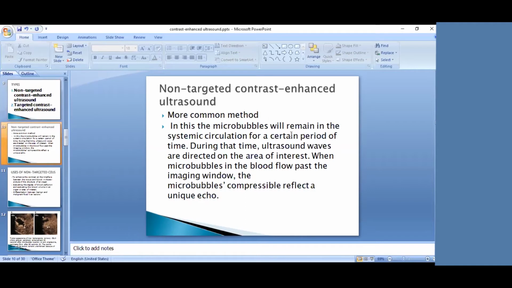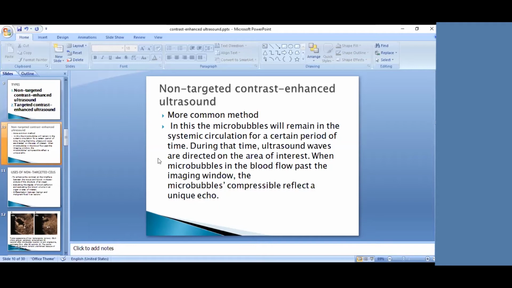In this, the microbubbles remain in the systemic circulation for a certain period of time. The contrast agent stays in the circulation for a specific time period. During that time, ultrasound waves are directed on the area of interest. We inject the contrast agent intravenously and direct our sound waves into our region of interest.